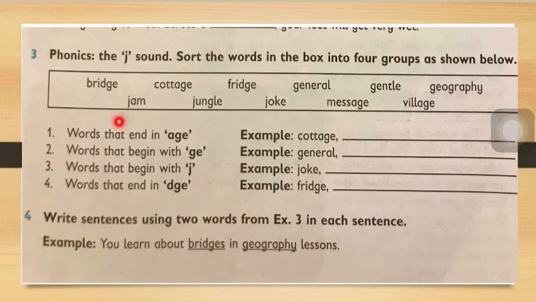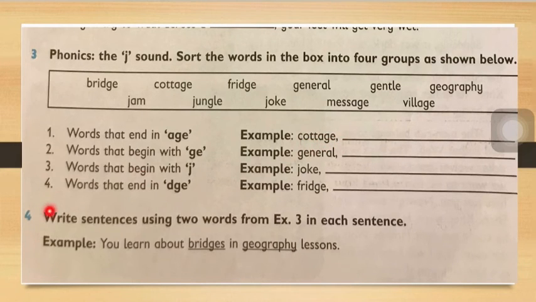The next word is jungle. Jungle. With this family. Joke. Here. Message. Message with the cottage family. Village with the cottage family. Is it clear, children? Excellent.